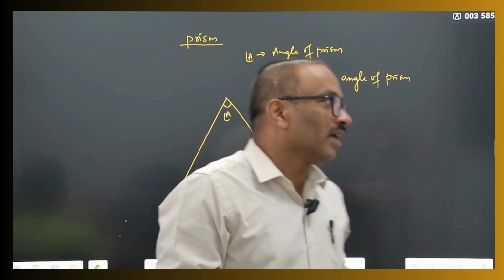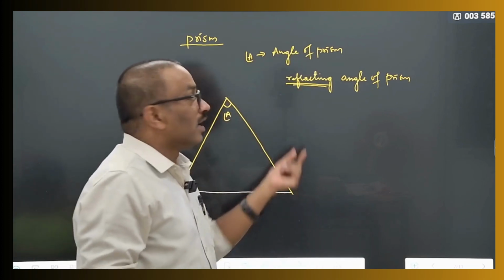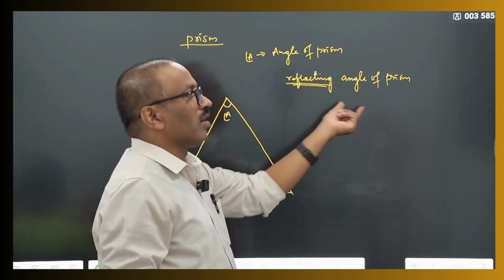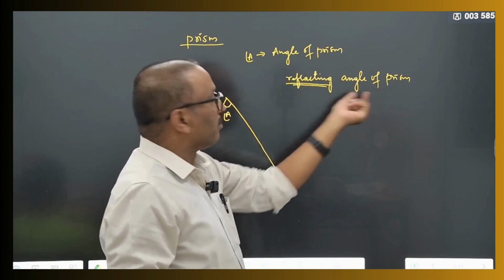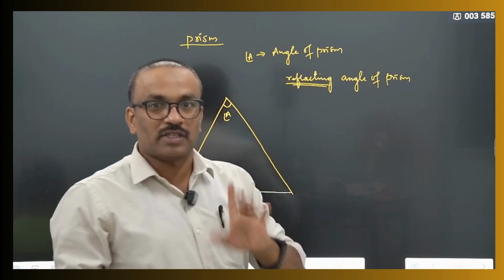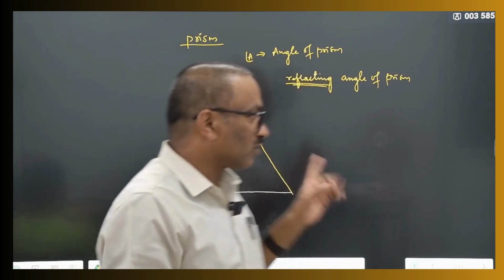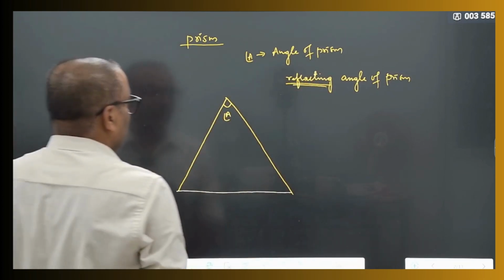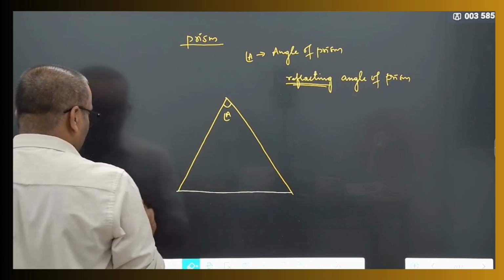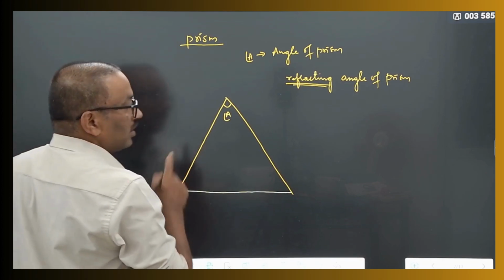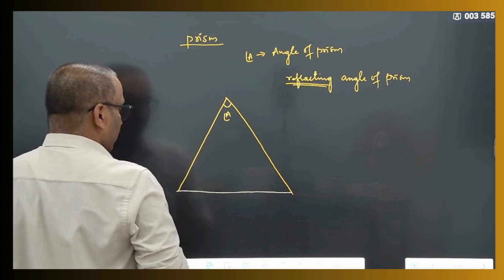Really it is not the angle of refraction. Refracting angle of prism is nothing but the angle of prism. This is the first confusion most students get.